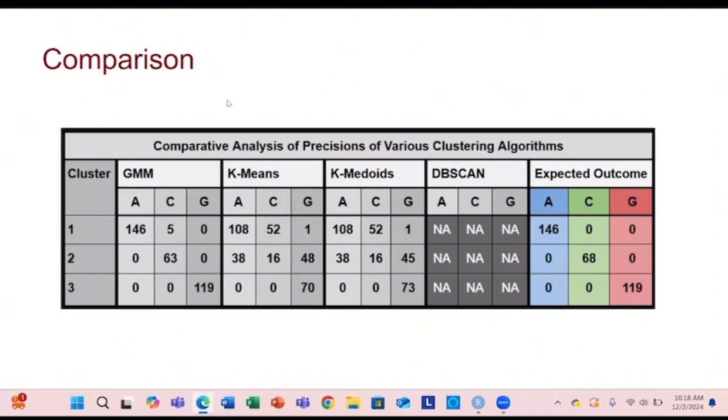So one potential reason could be a mistake in the R code. Second, it could just be that this data set is not really made to be used with DBSCAN.